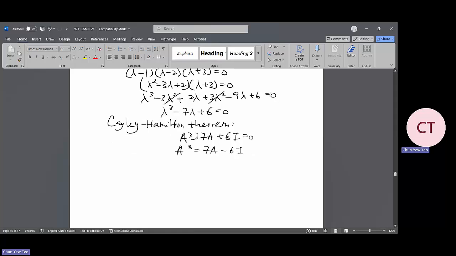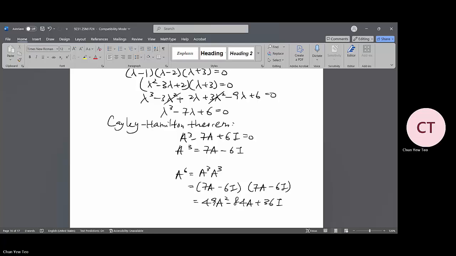And to get A to the power 6, it is A cubed multiplied by A cubed. So it's 7A minus 6I and 7A minus 6I. So you square it, you get 49A squared minus 84A plus 36I squared.